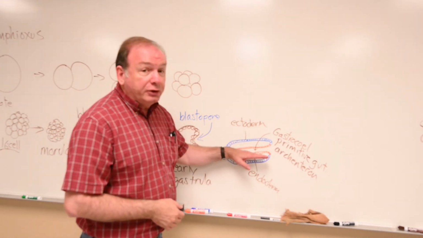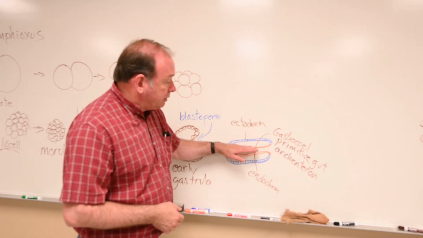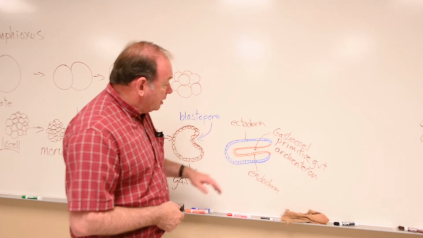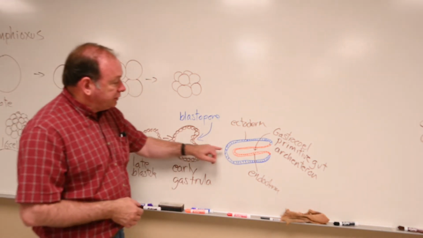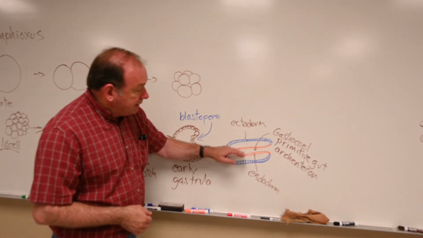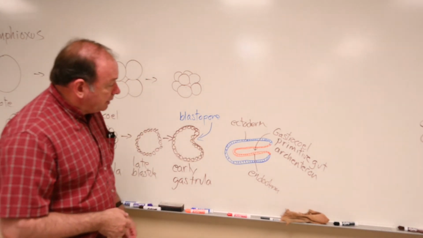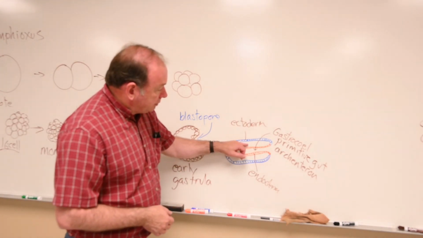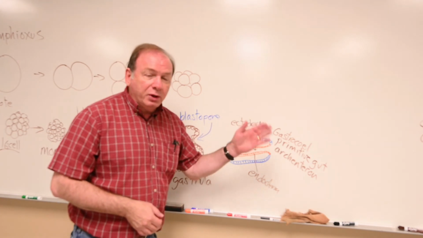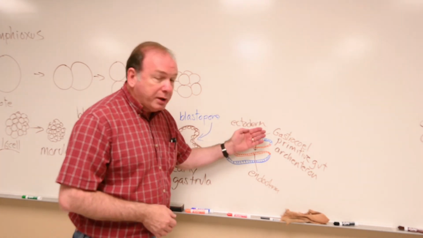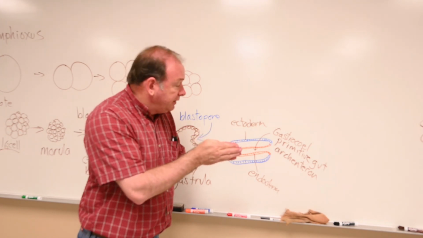Now, mesoderm is going to fill in between the endoderm and the ectoderm in this area, the area we now have referred to as the blastocele space out here. That's going to fill in with mesoderm as this animal develops, forming a mesodermal region in here. And along the very mid-dorsal portion of the embryo here, we're going to have the neural tube eventually form.